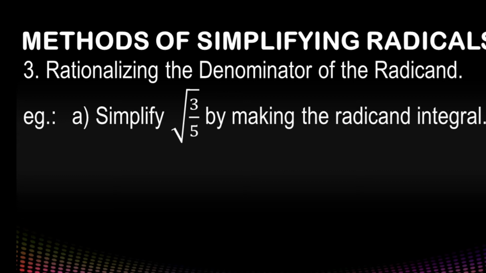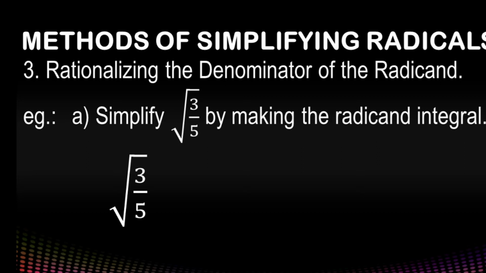Example, we have to simplify the square root of 3/5 by making the radicand integral. So we need to rationalize our denominator. So how are we going to do that? We need to multiply our denominator by a radical expression that would make our denominator a perfect square, since our index in the rational expression is 2.